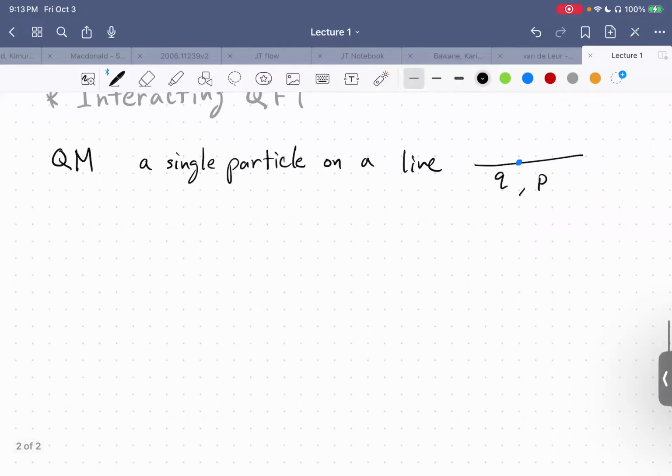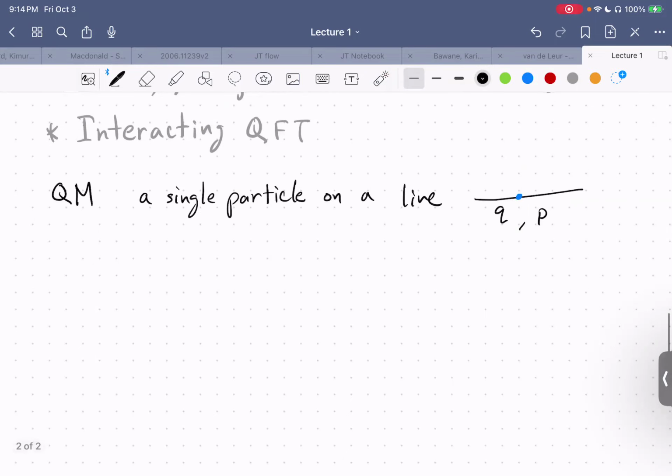Okay, and so then you may already know that the way that we describe classically the state of this particle is simply by pointing out what the position and momentum of this particle are. And we may also add that in order to describe the particle completely, we are assuming something extremely simple, so it's just a point particle. We don't have to specify anything about its size or shape, but we may want to specify its mass.